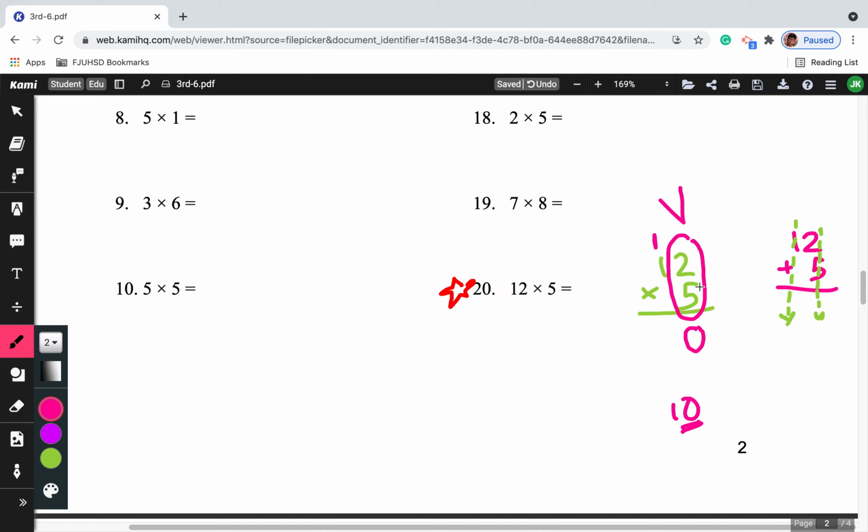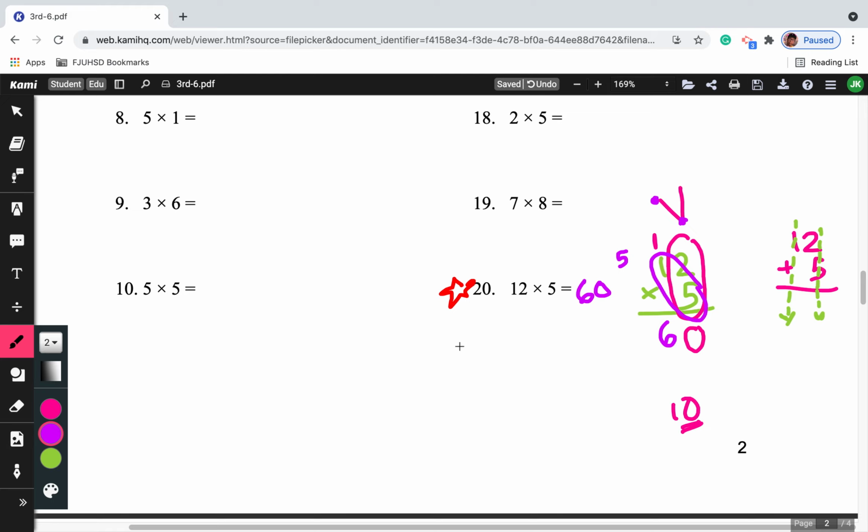And then you go from bottom right to top left. So 1 times 5 is 5. But then you add 1, so it's 6. And the answer is 60.